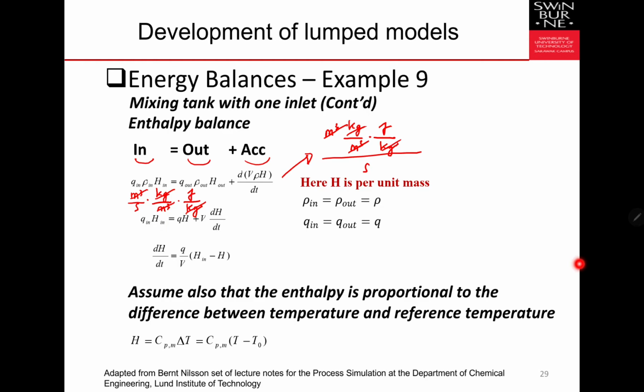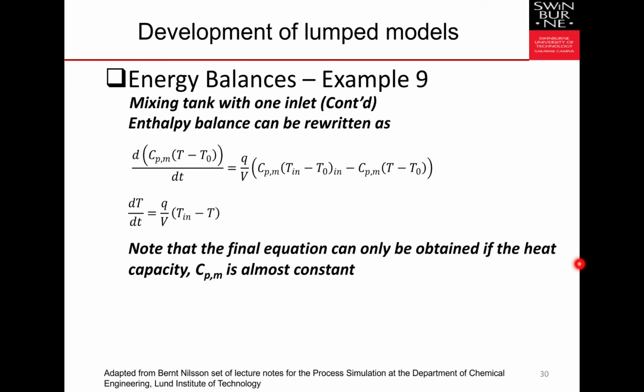We further have an assumption that the density is constant and Q in equals Q out, which equals Q. Then we will have these expressions here. If we assume also that the enthalpy is proportional to the difference between temperature and reference temperature, then we can take H as equal to Cp multiplied by T minus T naught.